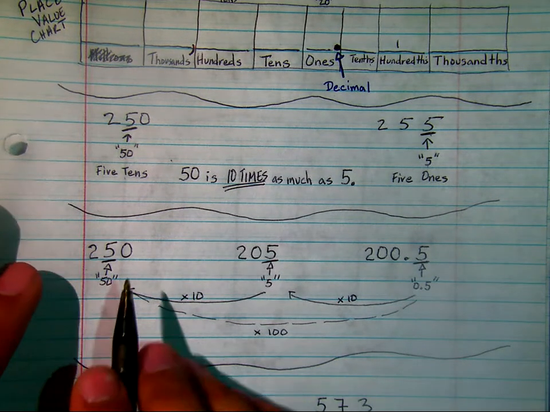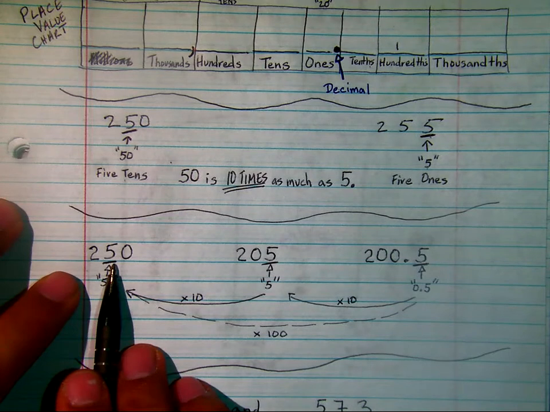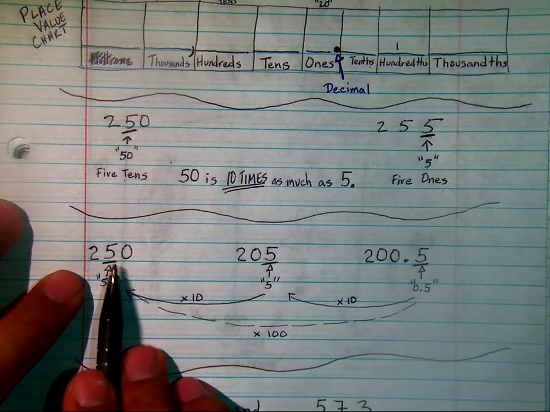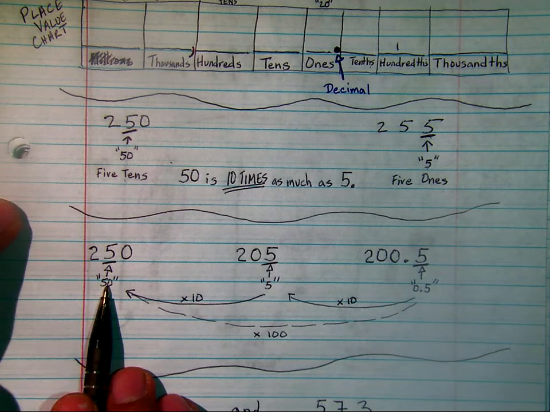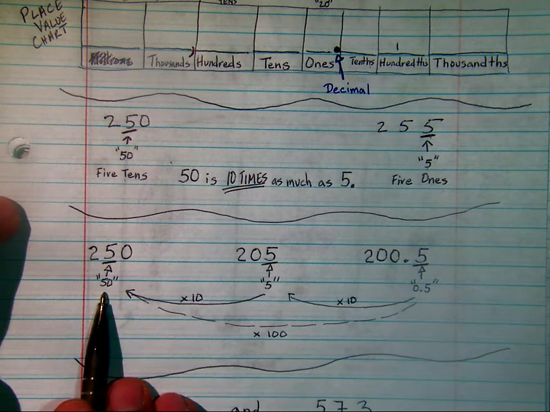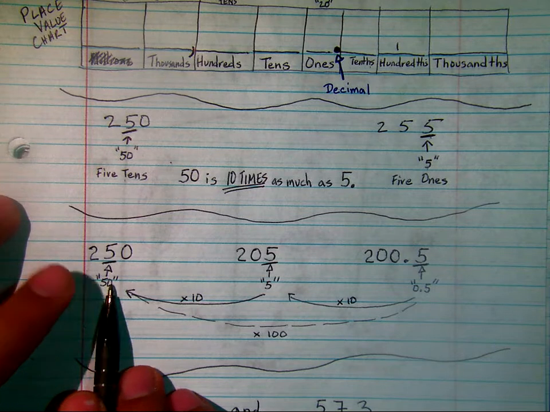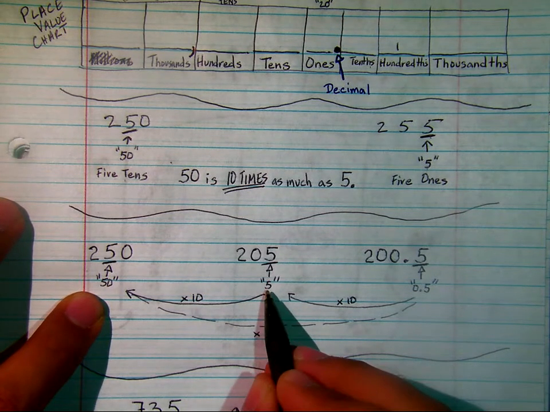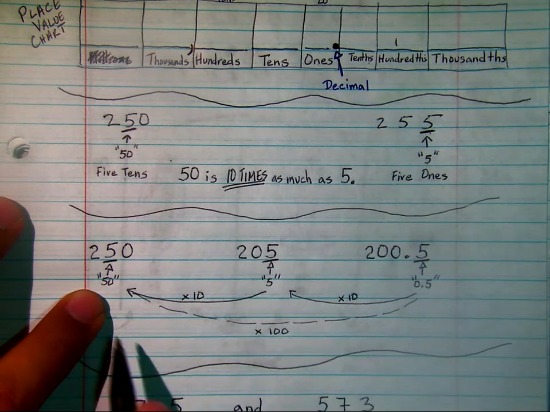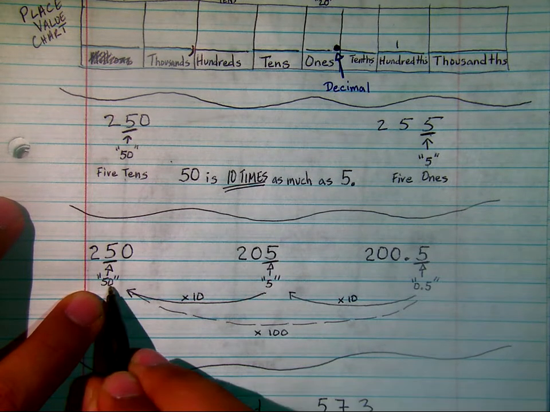So when you break it down and really look at it, the 5 in the tens place in the number 250, that 50, is 10 times more than this 5 in the ones place. So 50 is 10 times more than 5.